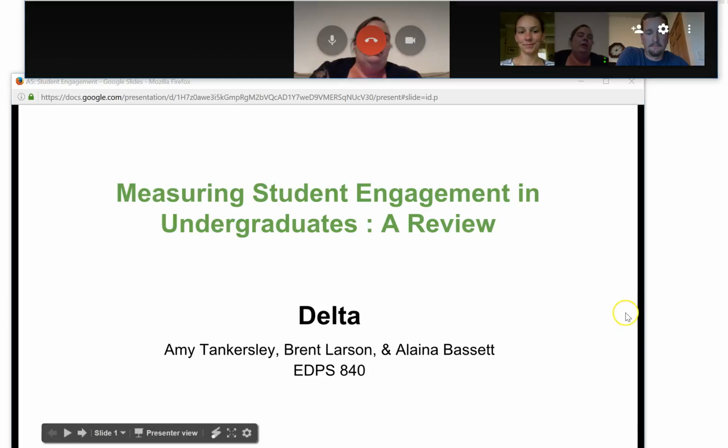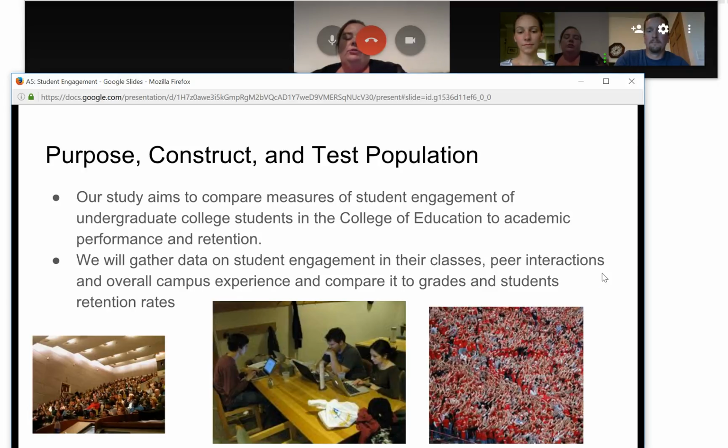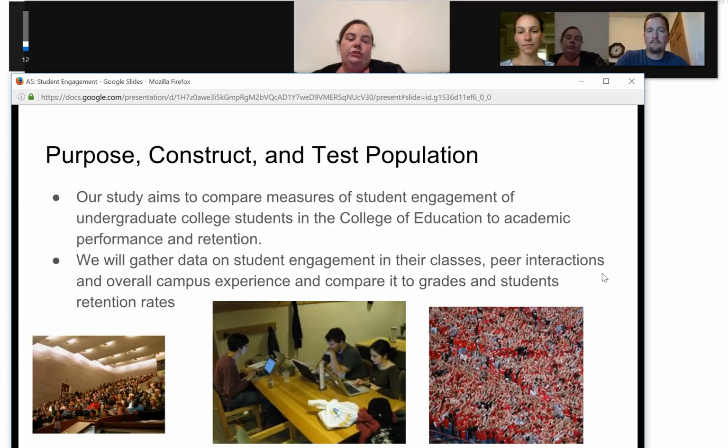Okay, starting with the first slide of the lit review, talking about the purpose of the test. First thing, our study aims to compare and measure student engagement for undergraduate students from the College of Education. What we want to do is compare measures of student engagement with academic performance, grades, and student retention.